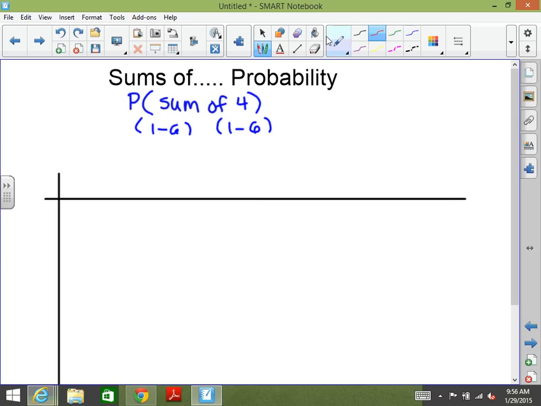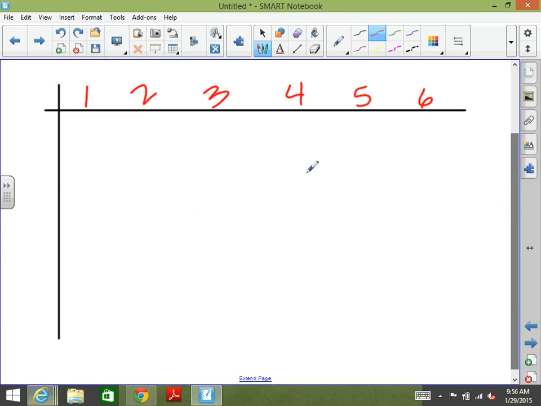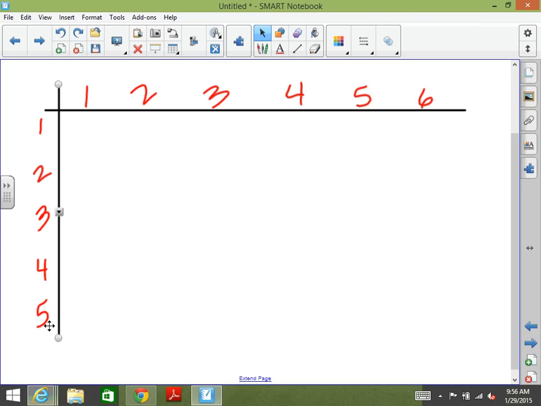To do this, on the top line, write down the numbers 1 through 6: 1, 2, 3, 4, 5, and 6. Down the other side, we're going to write 1, 2, 3, 4, 5, and 6.